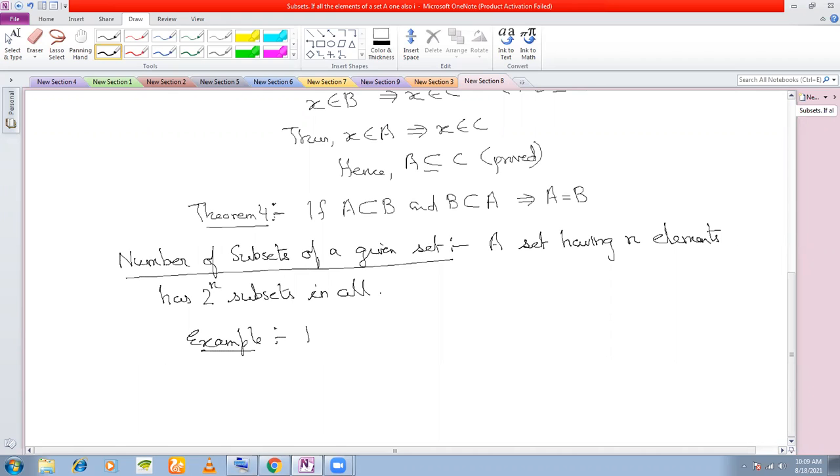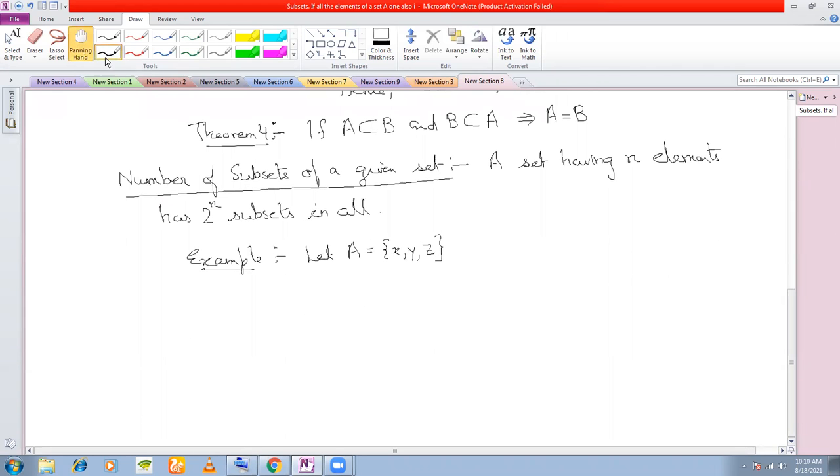Let us consider a very simple set. Suppose we consider set A is equal to {x, y, z}. It has 3 elements. What are the subsets of this set? The possible subsets are: first is the null set, because we know the null set is a subset of every set.